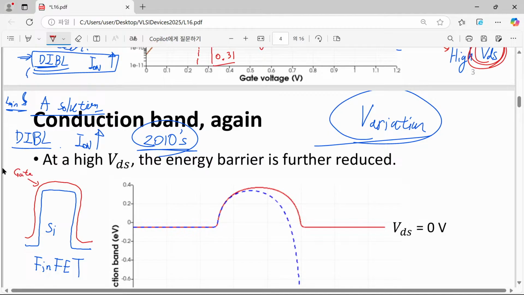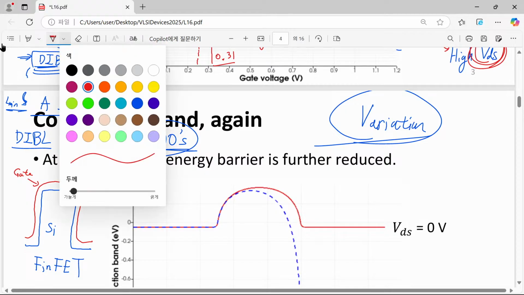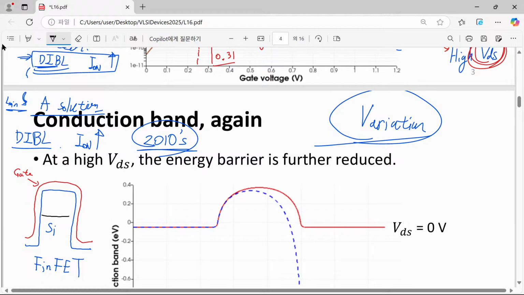That was the technology we had in our former time. After that, what was our knob to control DIBL? The knob to control DIBL was controlling this thickness. Here we have a certain thickness, and by reducing this thickness, we achieved the ability to control DIBL.